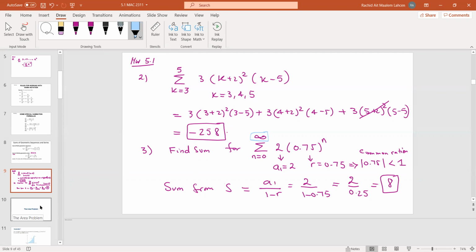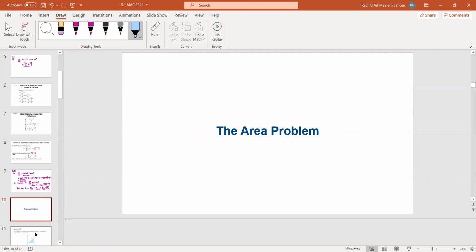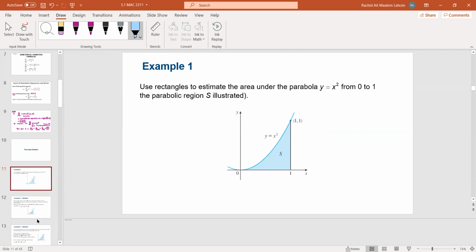So for our topic here, we're going to start with the area problem. And instead of starting with traditionally the abstract part, let's start with an example. You're familiar with y equals x squared. And let's say we are interested, for some reason, in finding the area under this curve between 0 and 1.